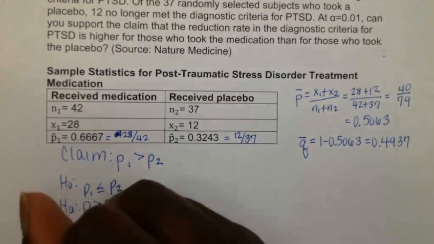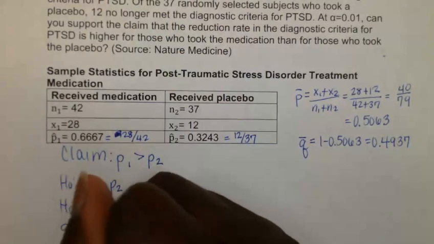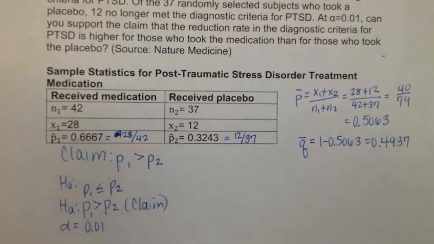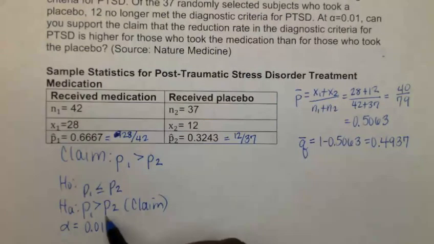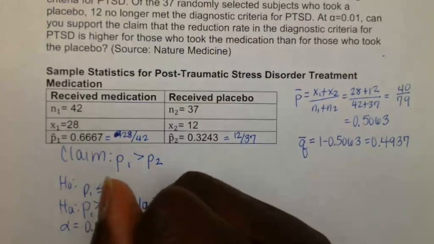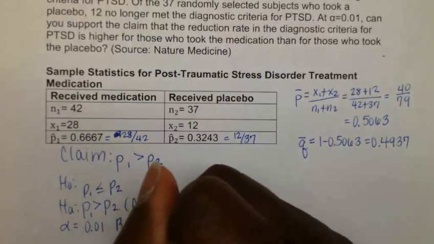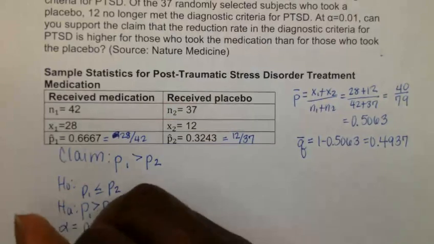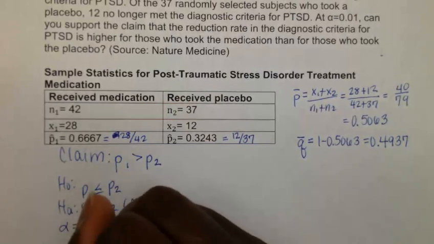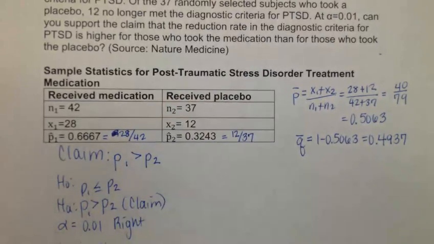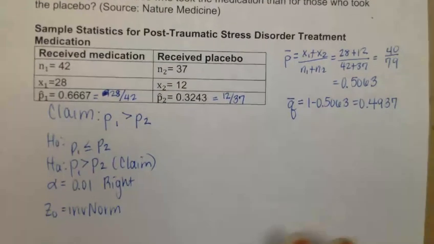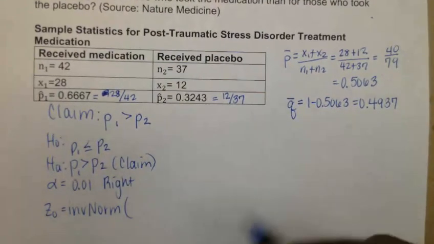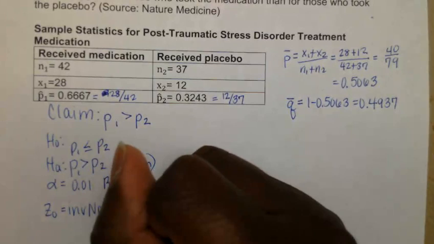Okay, so our level of significance is 0.01. Our tail is pointing to the right for HA, so this is right. That means critical value, inverse norm. Now, I will say some of these calculators are different, so your calculator may be different for how to calculate inverse norm.